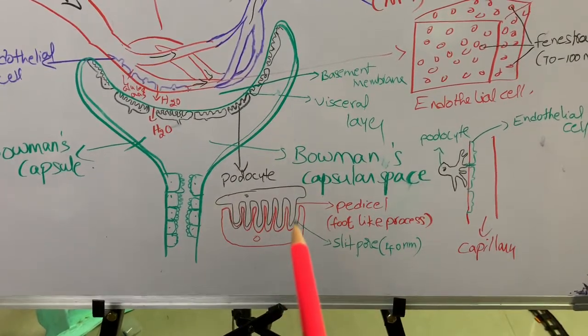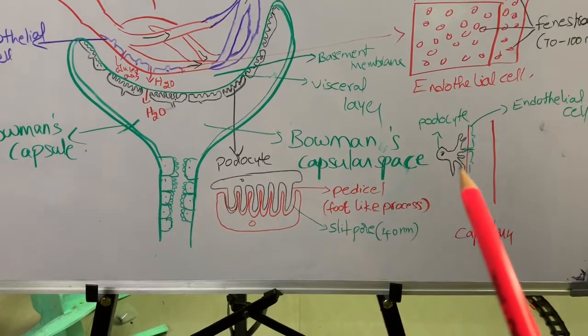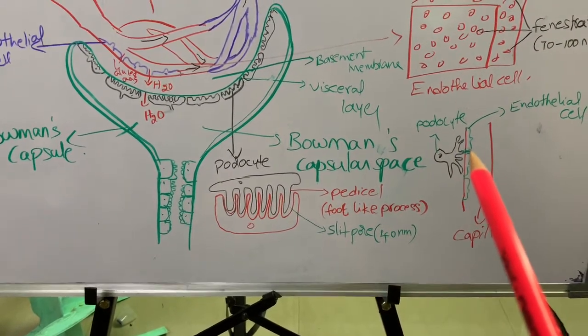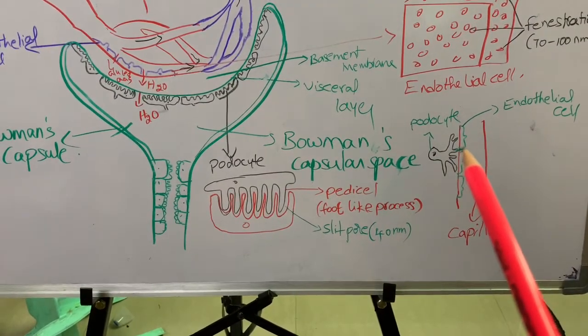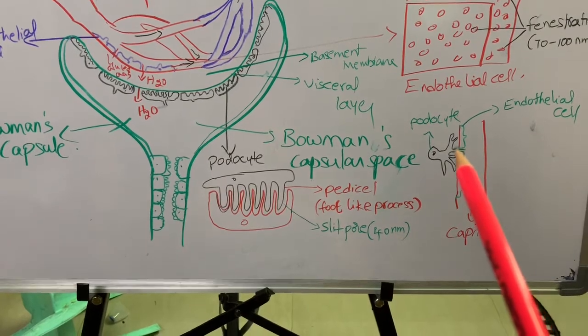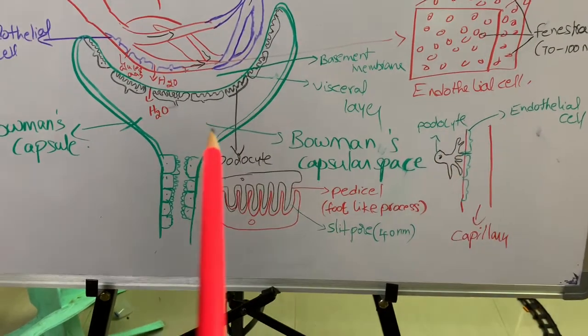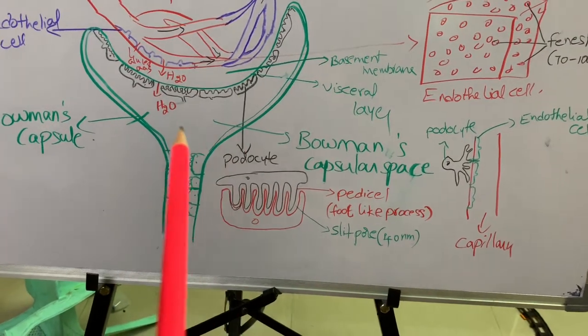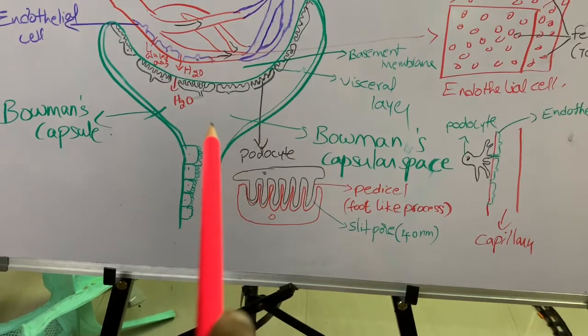While surrounding, they leave a space which is known as a slit pore. So the water from the capillary enters through the fenestration of the endothelial cell, then into the slit pore of the podocyte cell, and then it comes into the Bowman's capsular space.